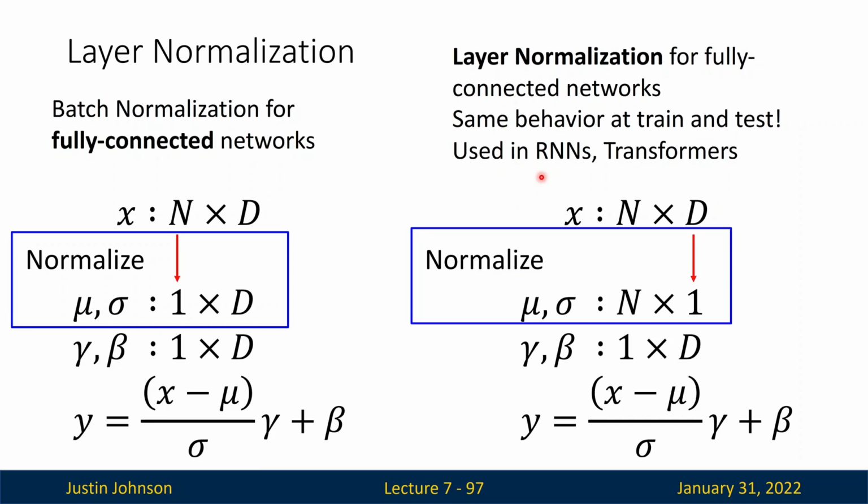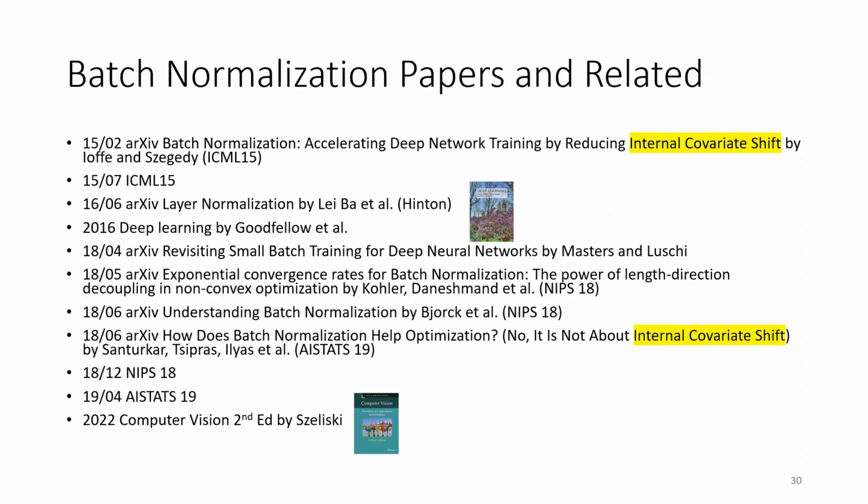I just mentioned, actually, let's go back to this slide. This is the history of batch normalization. After the batch normalization paper was published, 1 year later, Hinton's group proposed layer normalization. Now let's take a look at what layer normalization is.